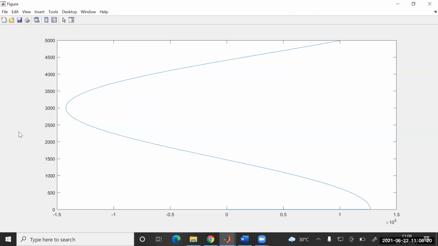As the length of the conductor increases, the voltage also increases exponentially. So it is observed from these two figures that as the line length increases, the incident voltage waveform increases exponentially.